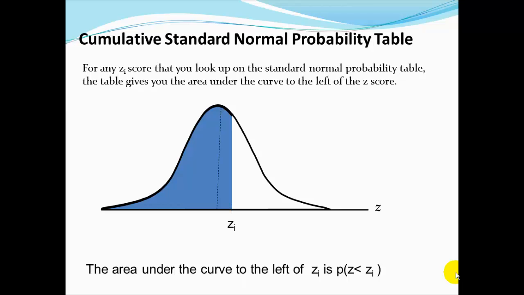Recall, for a continuous random variable, the probability of being equal to a value is 0. Therefore, our probability value will not change if it's less than a value or less than or equal to a value.